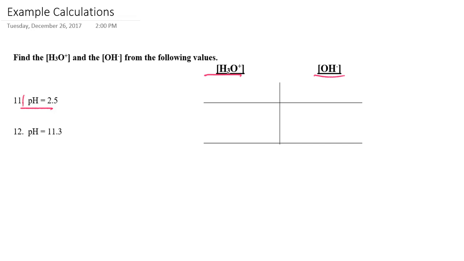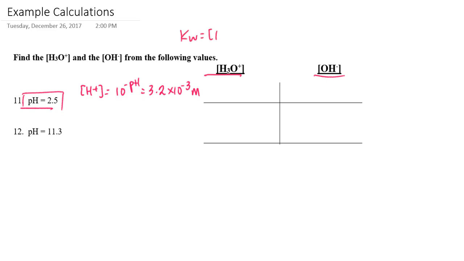So I have a pH of 2.5. Now, I should be able to find the hydrogen ion concentration by raising 10 to the negative pH, as we talked about on the first slide. If I do that, I get 3.2 times 10 to the negative third molar. Now, I could use Kw.